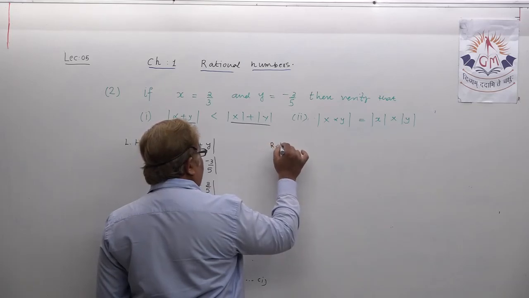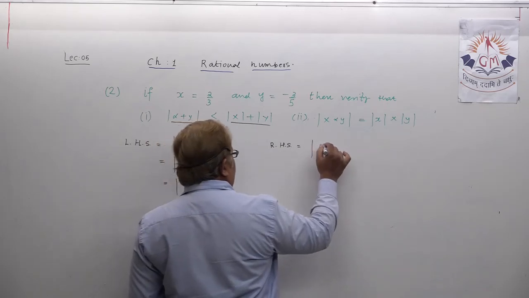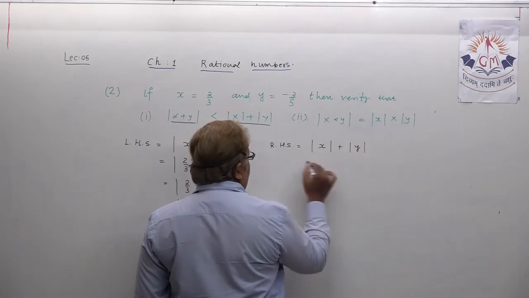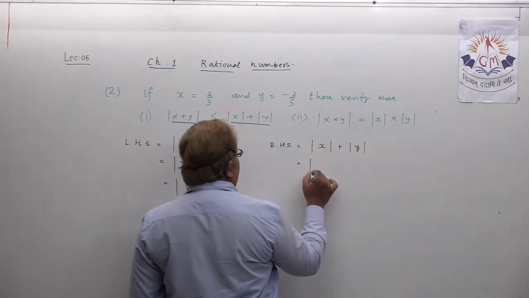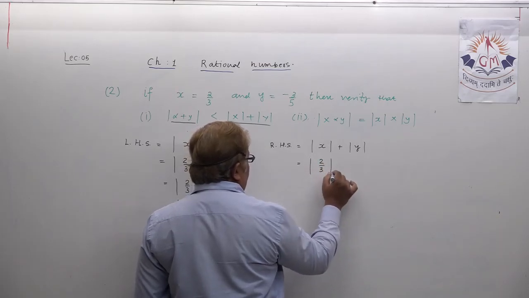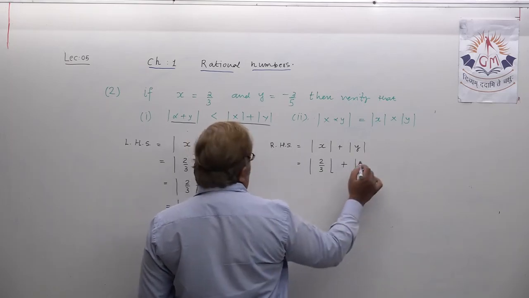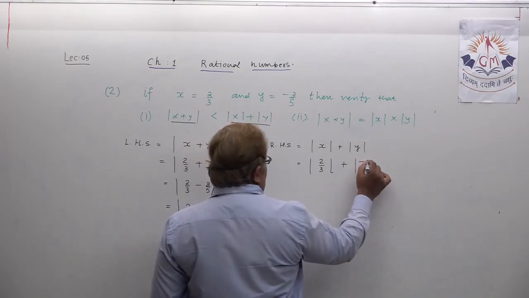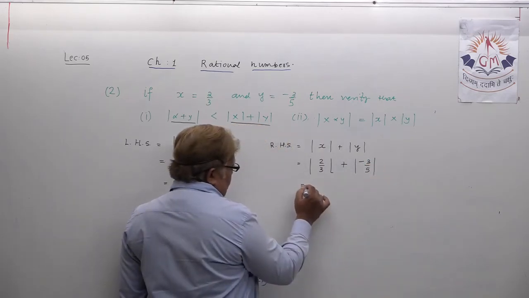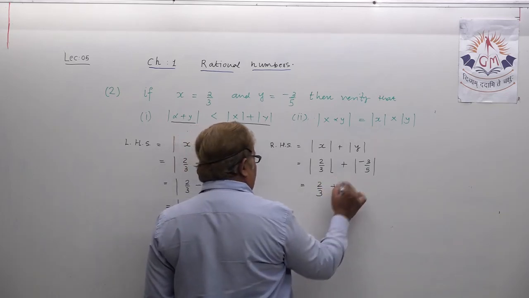Now let us find result number 2, that is RHS. Modulus x plus modulus y. Modulus x, what is the value of x? 2 upon 3. Modulus y, what is the value of y? Minus 3 upon 5. Modulus of 2 upon 3 is 2 upon 3.